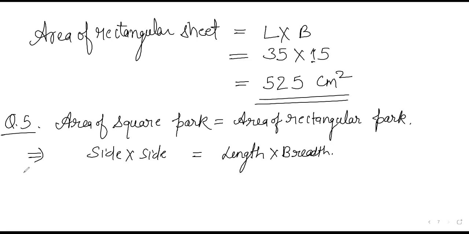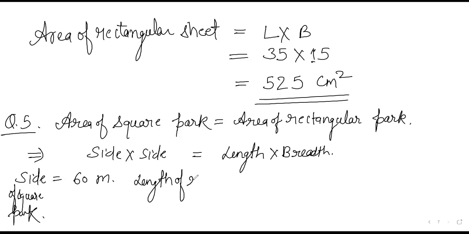This is given to us. Now, the side of the square park is 60 meters, and the length of the rectangular park is given as 90 meters.